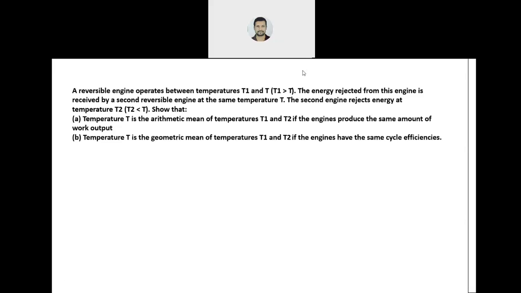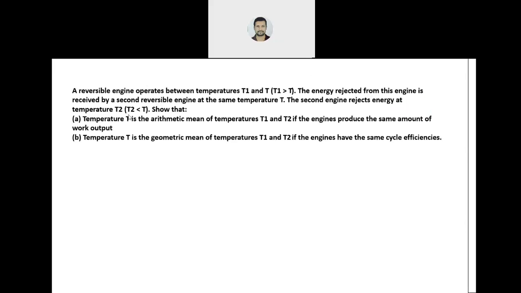What is the relationship from this? You can observe the relationship. T1 is the highest, then comes T, then comes T2. Am I correct? So you are getting this kind of relationship from the statement.